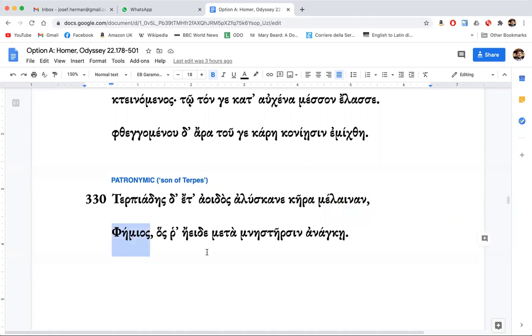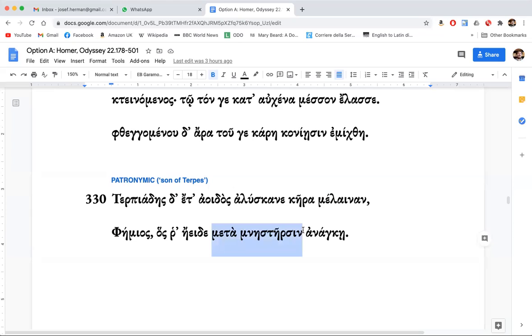And then at the beginning of line 331, we get this man's actual name, Phemius, who, hos, used to sing, eide, imperfect tense, and again, I'm not translating ra here, who used to sing meta menestersin, that means with the suitors or among the suitors.